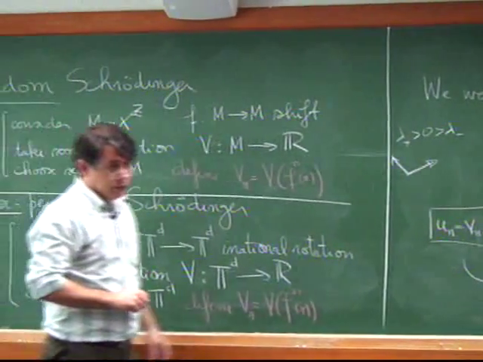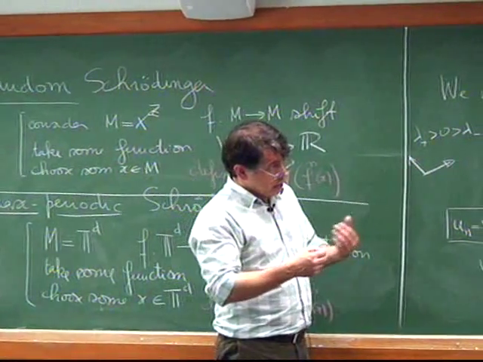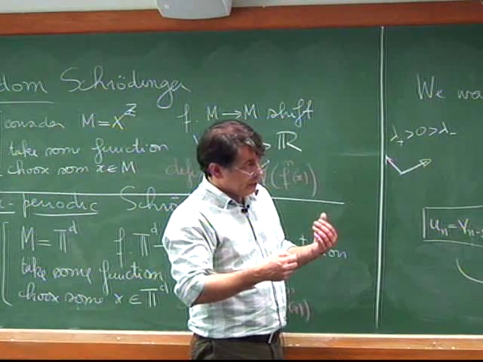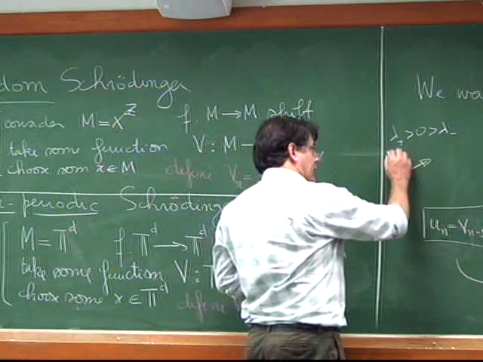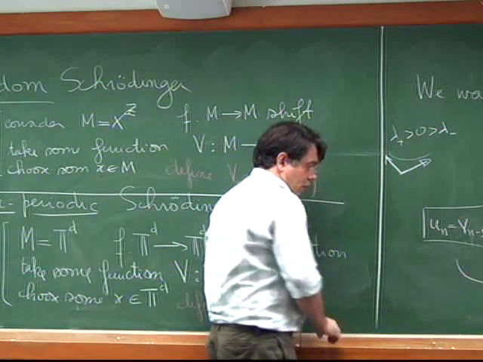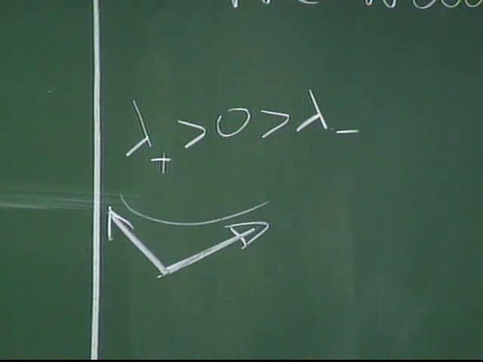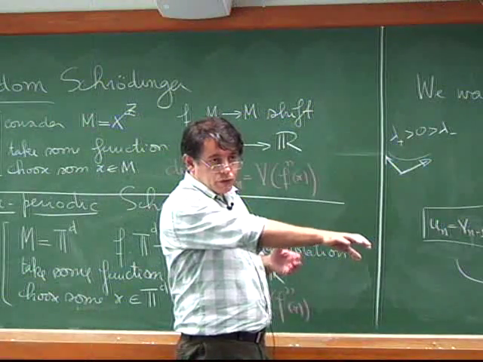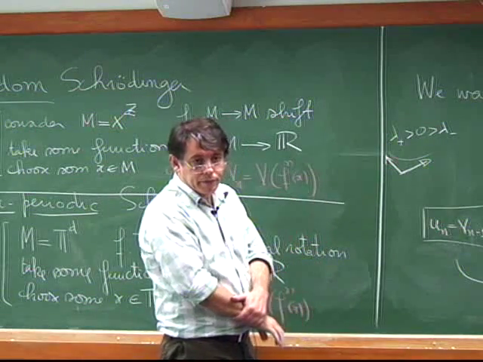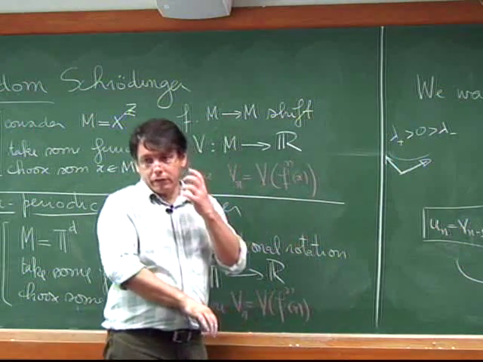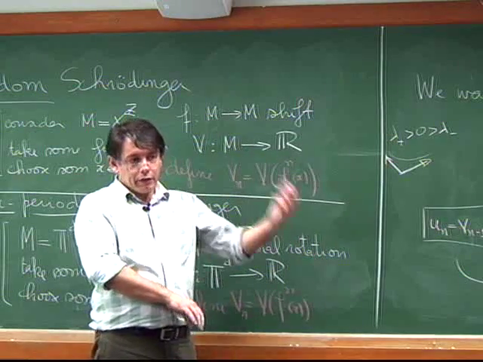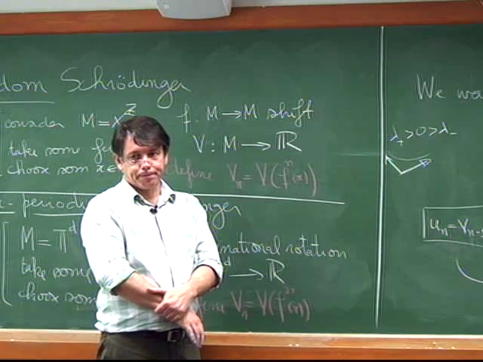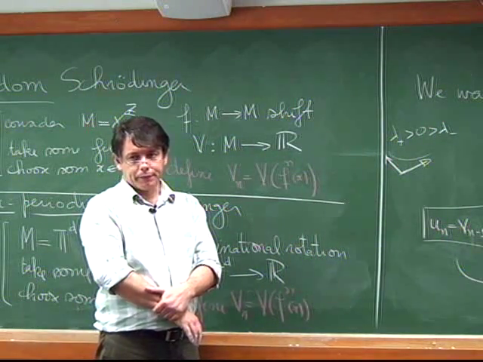Time can be inverted. So lambda plus positive, lambda minus negative means that we have a kind of saddle behavior, where in a certain direction vectors have to grow in the future, and in the other direction they have to grow in the past. So all vectors have to grow either in the future or in the past. Is this clear?